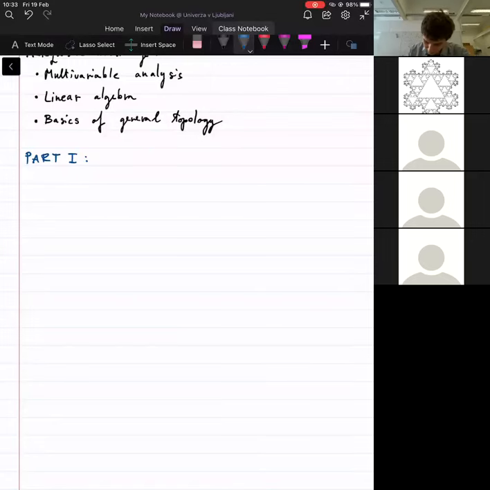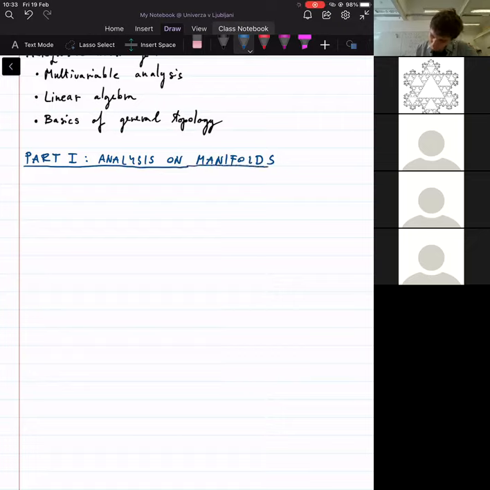First part is analysis on manifolds. And firstly, we have smooth structures.